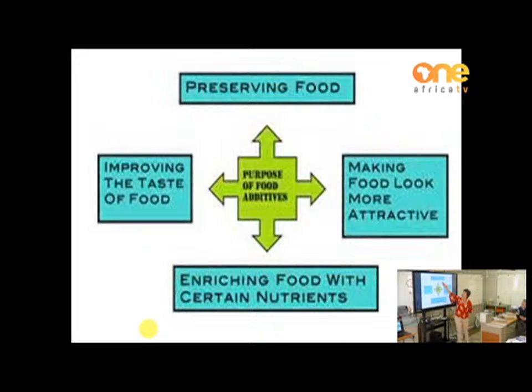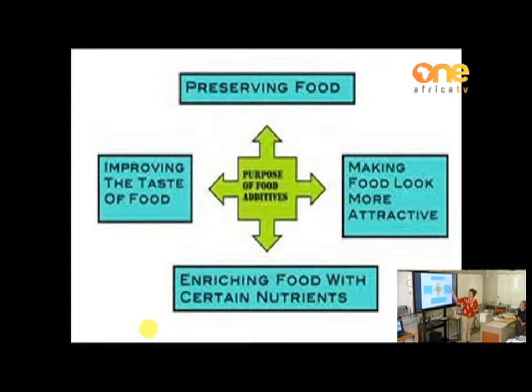And we need to preserve the food, because not all of us can harvest our own vegetables, slaughter our own protein source. No, we need to buy it. And to keep it longer on a shelf, they need to add preservatives.